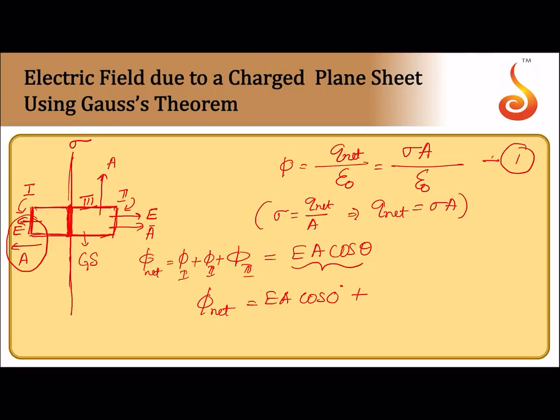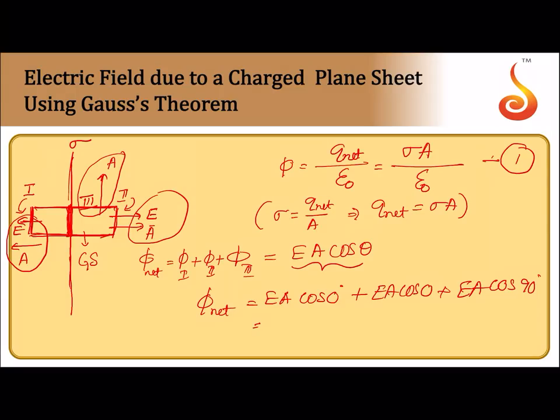Then for the second part, look at here: E A cos 0 one more time. Third part, E A cos 90. Where is that 90 coming from? For this part, the field is along the curved surface while the area vector is perpendicular to it.